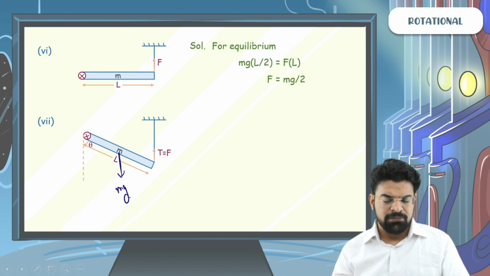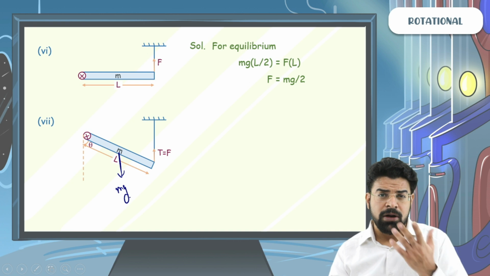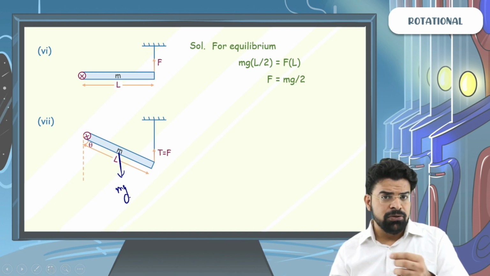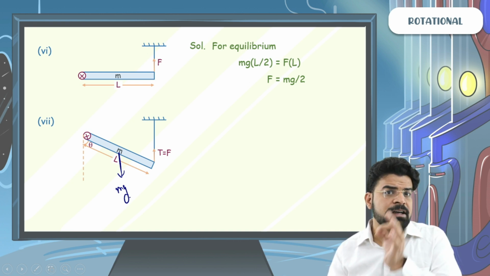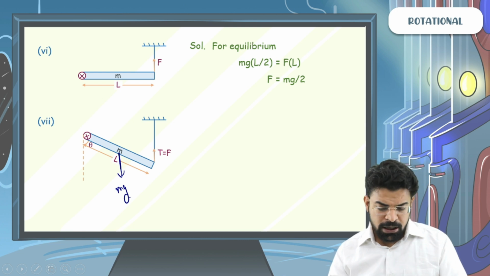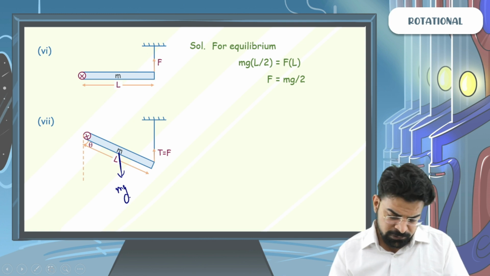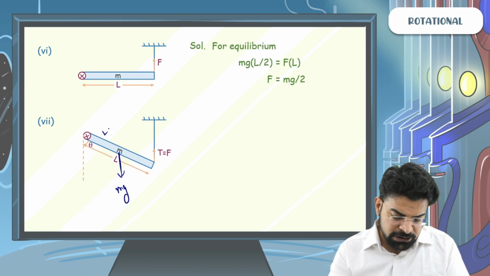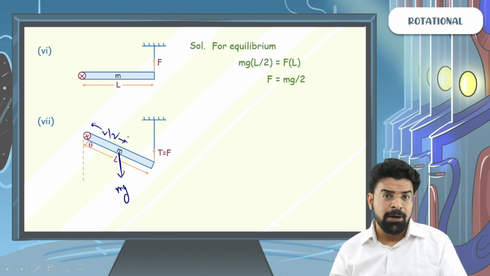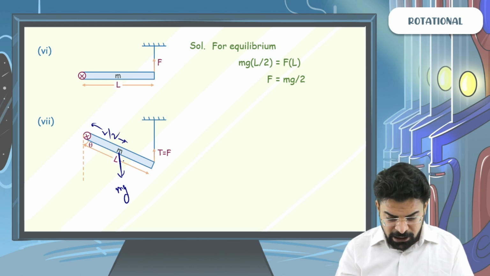How to write it? You know two methods to write torque: either use force times length perpendicular or length times force perpendicular. Here let's use length times force perpendicular for one. The distance at which the force of gravity acts from the point of suspension is L by 2. If this angle is theta, this angle will also be theta.